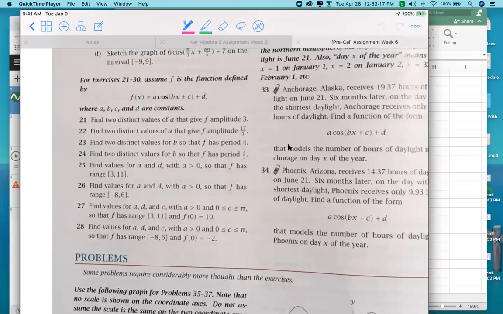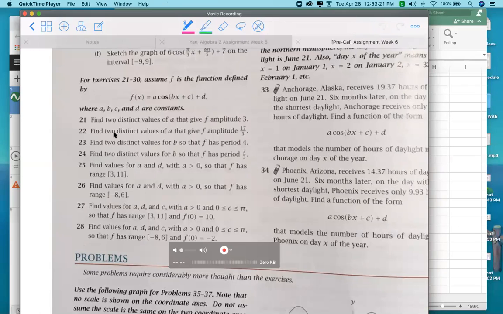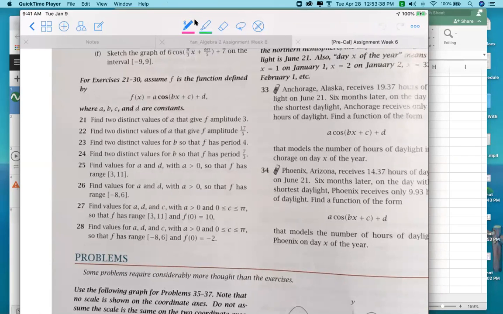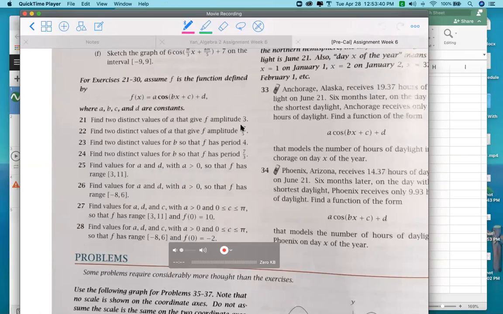Let's go back to our Wednesday homework. Again, you are looking for 2 distinct values of A that give the amplitude 17 over 5. Remember, amplitude is determined by the first number.